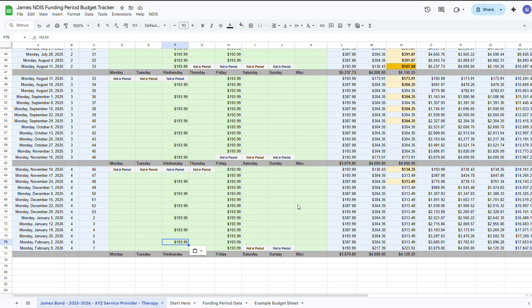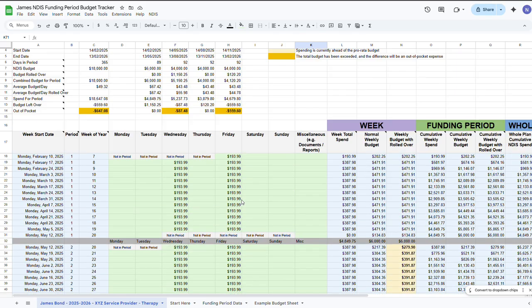So I'm going to say, roughly maybe 7 weeks or so, a period before my plan is up, I'm going to spend $400 on a report in that week and $400 on a report in the next week. When I add that in, you'll see that instantly it means that by the end of this funding period, I've gone over my budget and I'll be out of pocket.